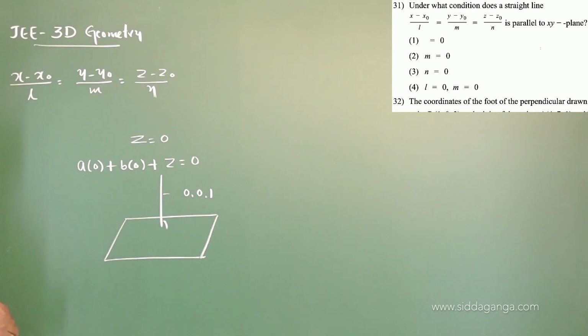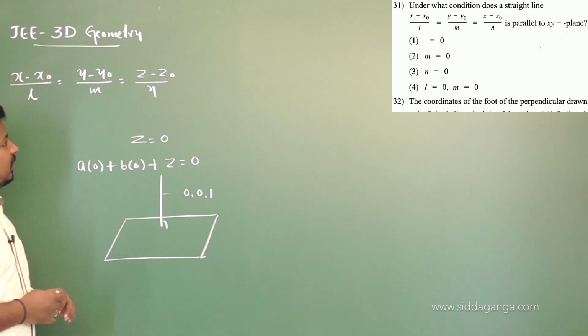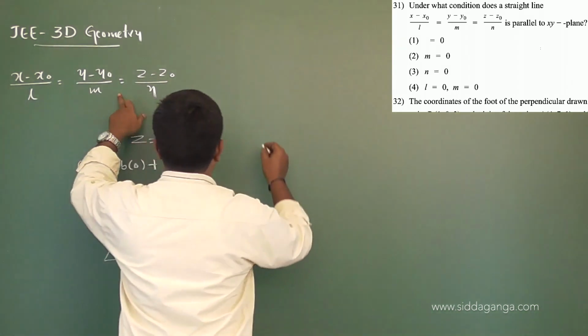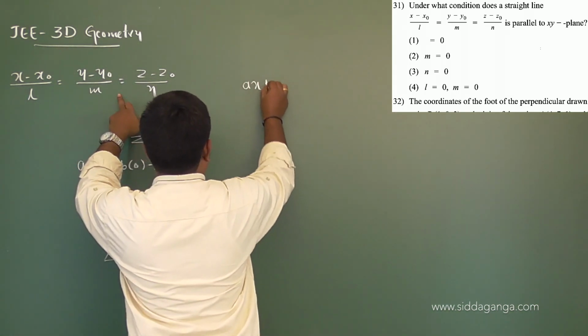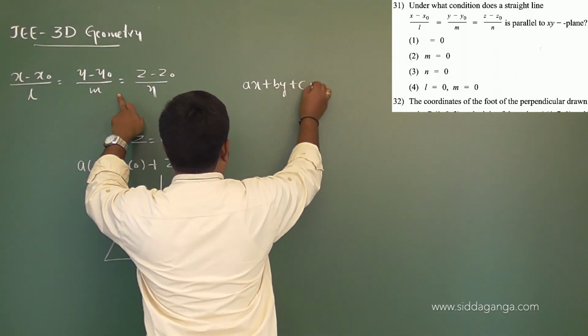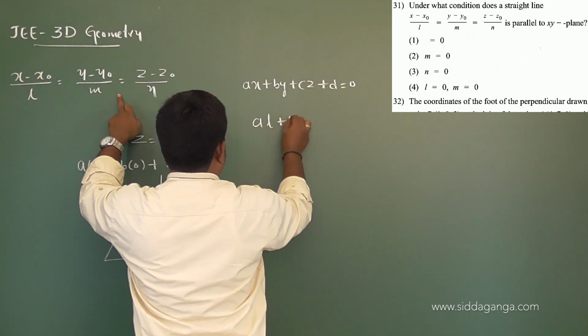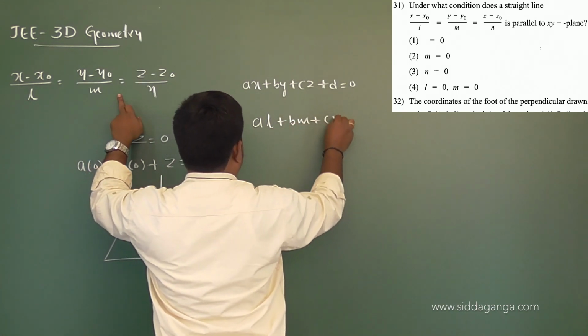Now we know the condition for a line to lie in the plane ax plus by plus cz plus d is equal to 0 is al plus bm plus cn is equal to 0.